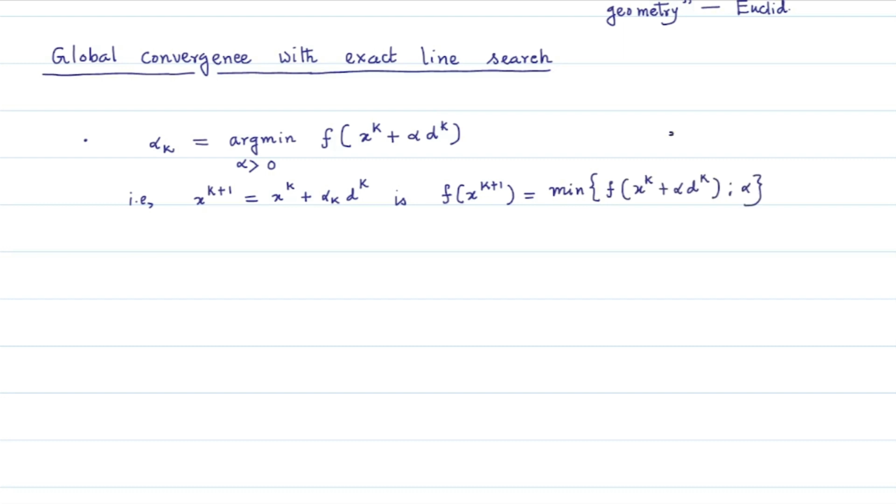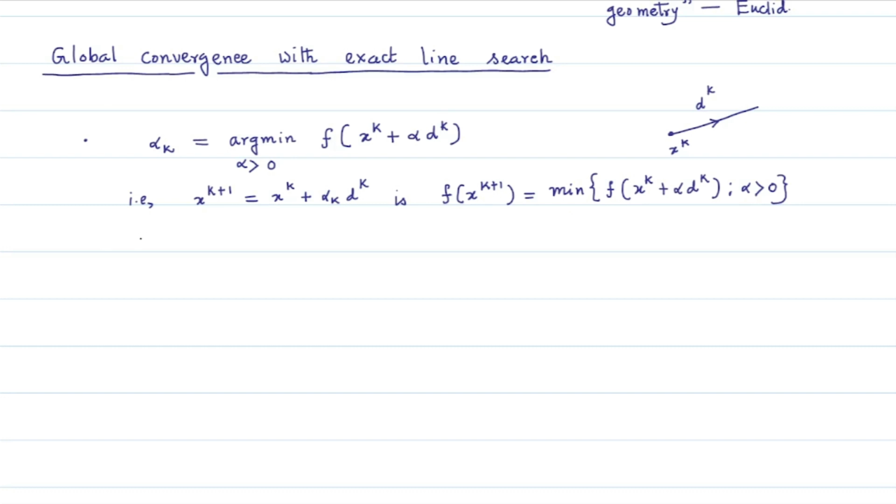That means we focus our attention in the variable space of the function f on the direction dk that is emanated from xk. So we focus on this ray or on this line and then try to identify the function values f of xk plus alpha dk for alpha greater than 0 and filter out which particular point xk plus 1 gives the global minimum.